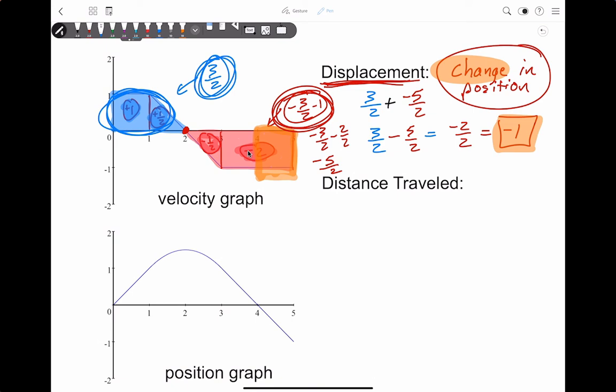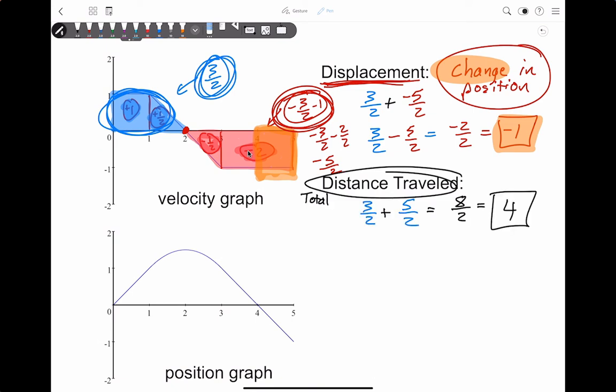So then we would get 8/2, which is the same as 4. Okay, so up here you could say you changed by 1 foot, or your displacement was 1 foot backwards from where you originally started. But here, this would be 4 feet that you traveled. Totaled altogether, you would have traveled 4 feet.